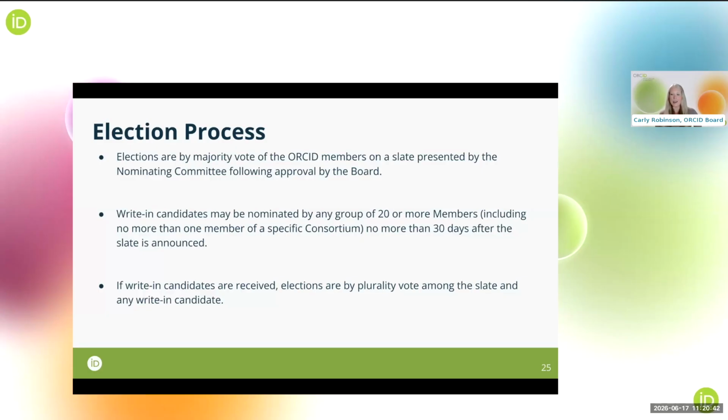And the way that this would happen is if there's a group of 20 or more members that put forth another nominee that's not on the slate, within 30 days of the slate being announced, that write-in candidate would be added on. And if a write-in candidate nomination is received, elections are then by plurality vote amongst the slate and any of the write-in candidates.